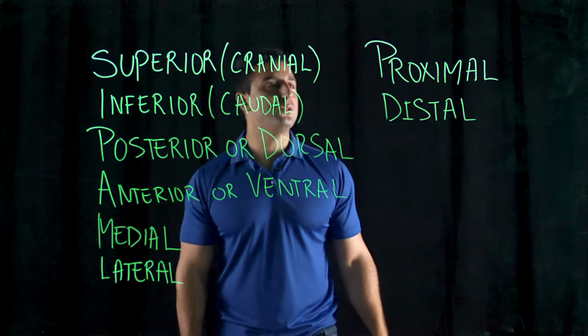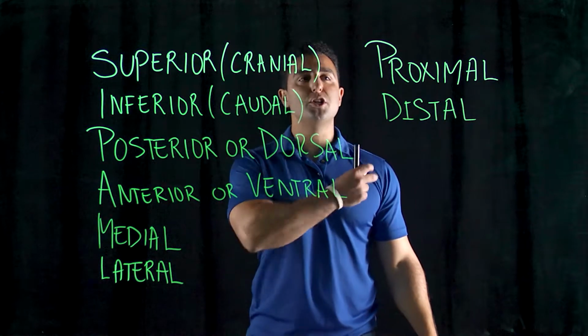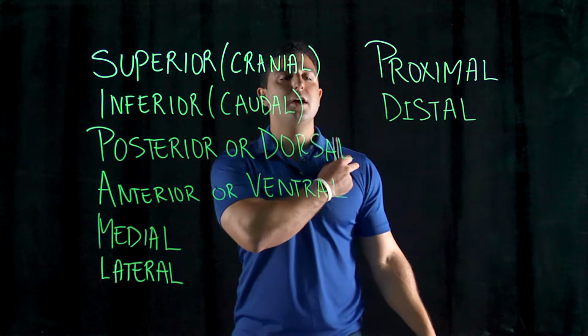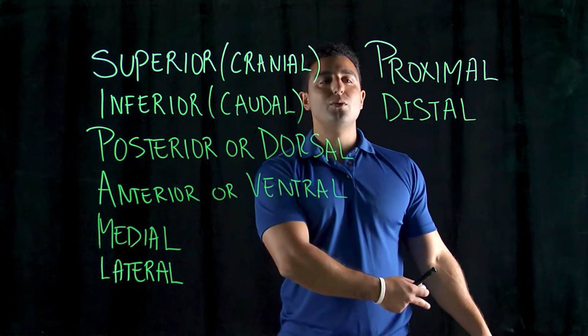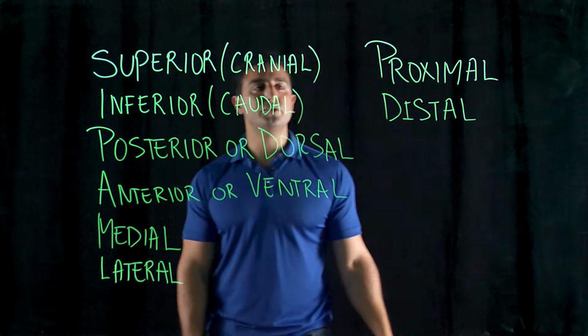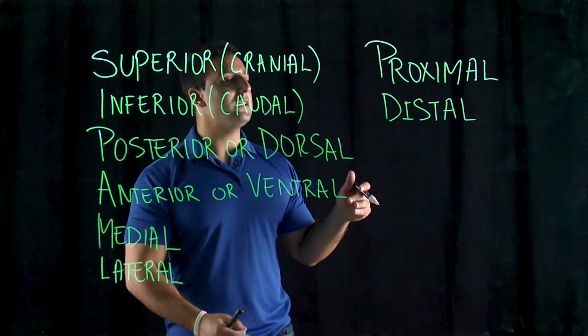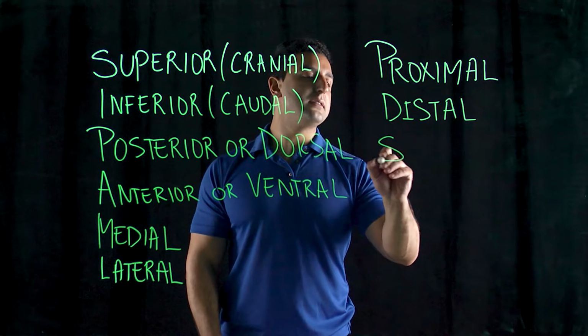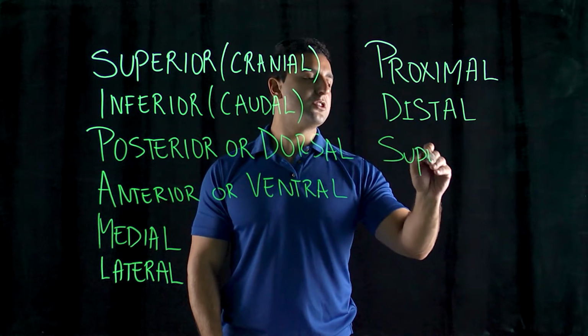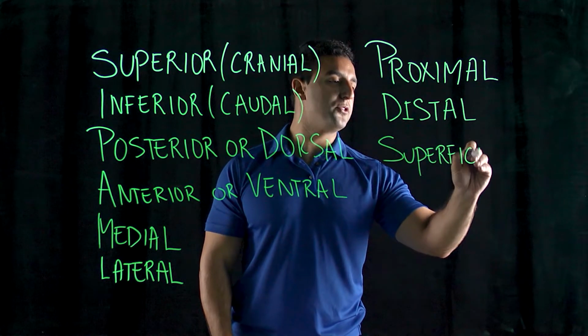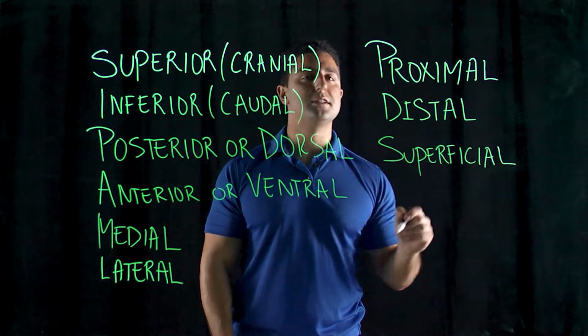So for example, if my focal point is my shoulder, my bicep muscle would be proximal to my shoulder, whereas my wrist would be distal to my shoulder. Okay. Now whenever we look at it on a 3-dimensional plane, we're going to look at the different layers. We look at superficial, right? So what is superficial? Superficial refers to something towards the surface.